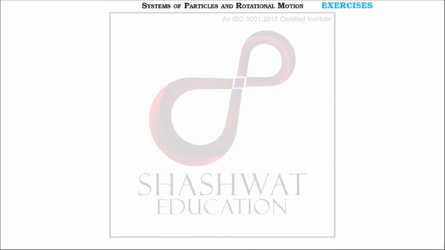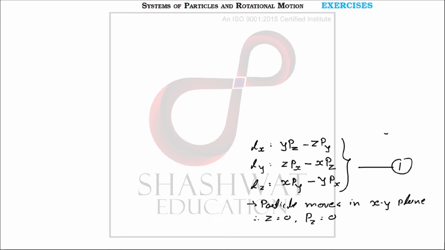So we put z equal to 0 and pz equal to 0 in equation 1. So Lx equals 0, Ly equals 0, and Lz equals x py minus y px.